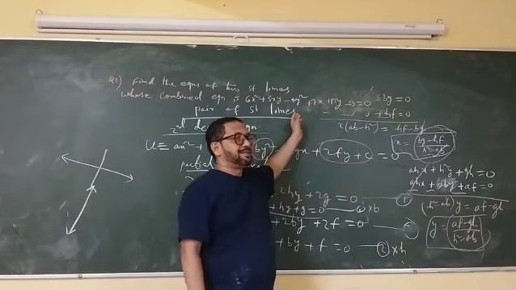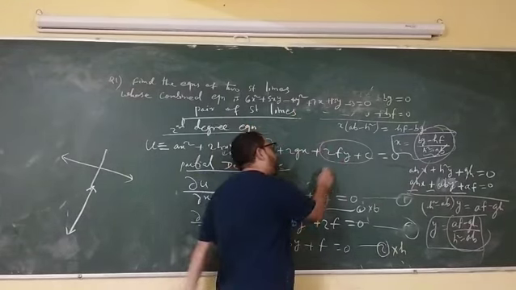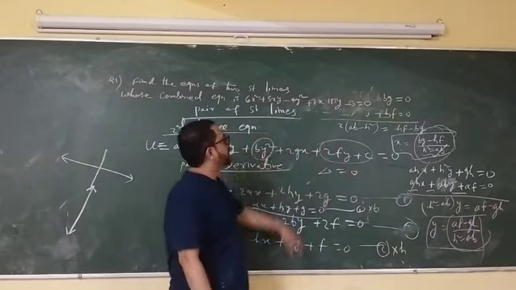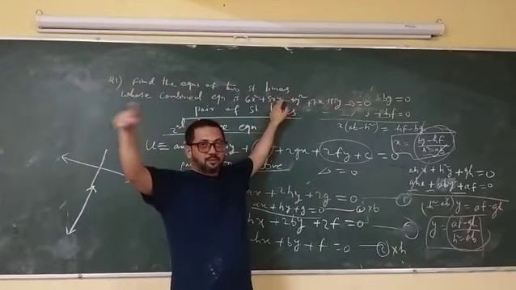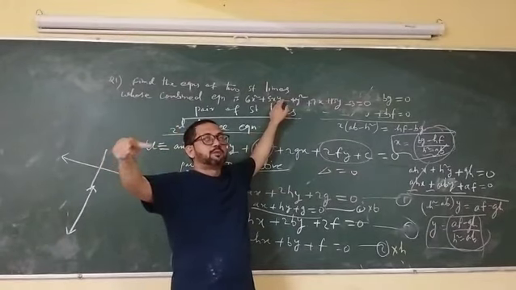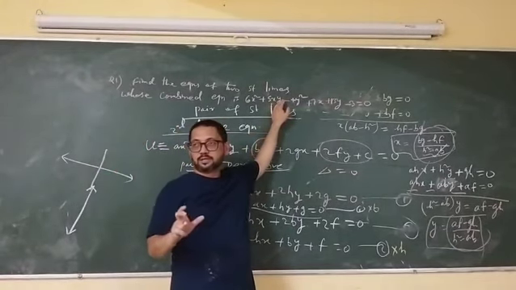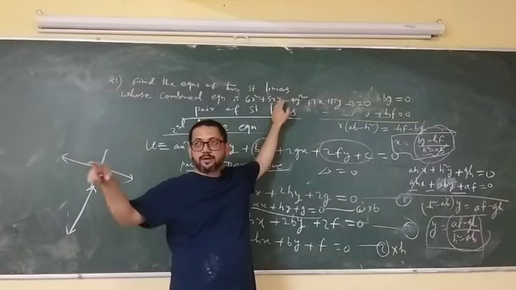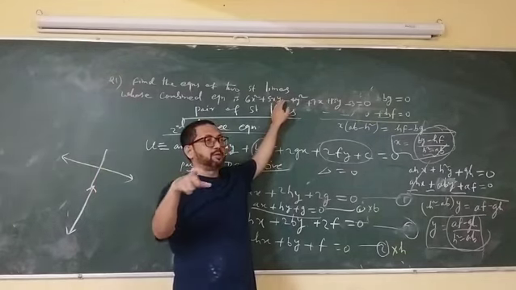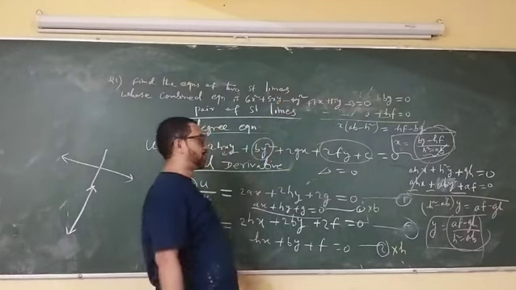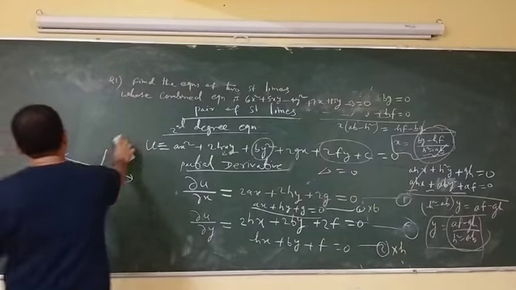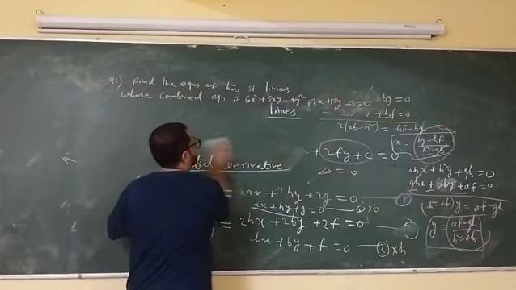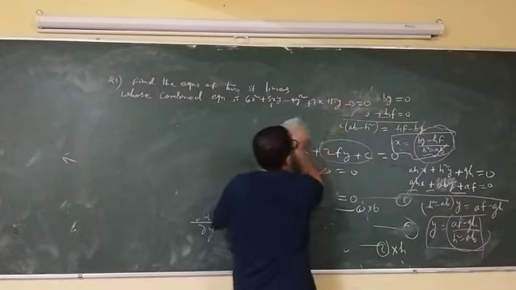Since it is a pair of straight lines, the condition delta equals 0 is self-proven. It means that the square root portion, b square minus 4ac, must be reducible to the linear form. Understand? So we will solve this question both ways.